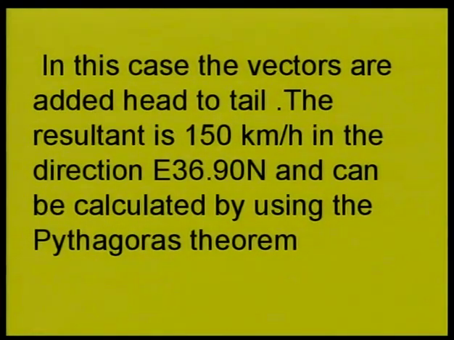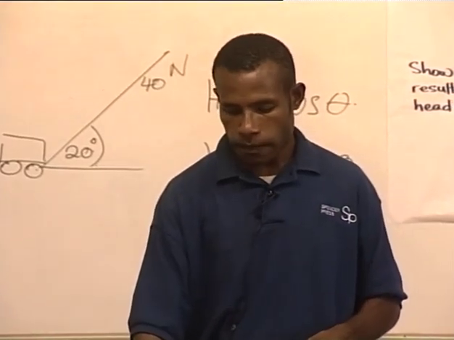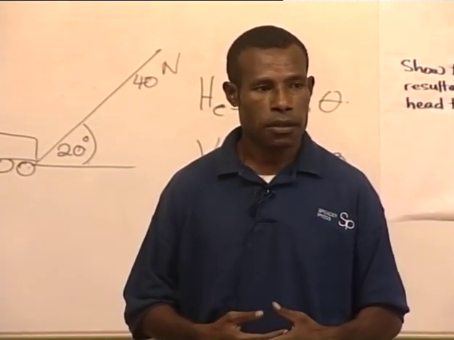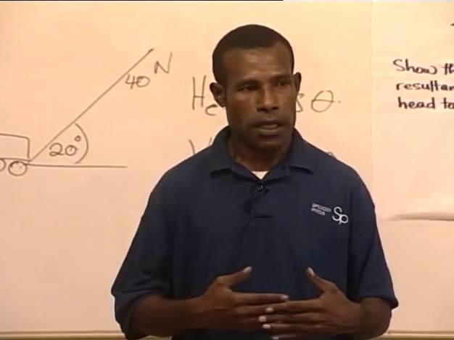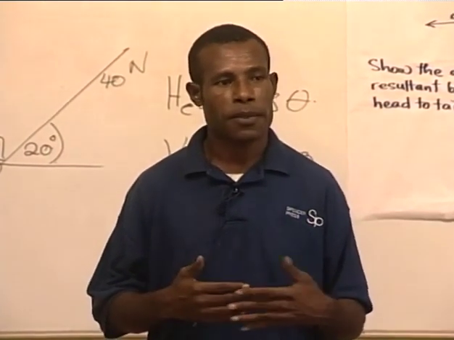Finish, sir. Okay, we will now go through the example. Watch carefully and listen as I go through the explanation. After that, I will give you some activity that you can complete, then we'll have a look at that. Firstly, vectors at right angles. You know that when vectors are parallel, you can simply add or subtract.